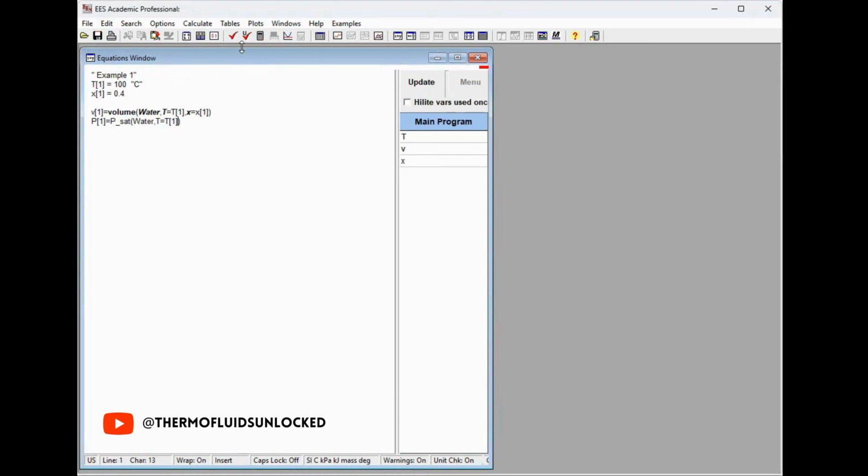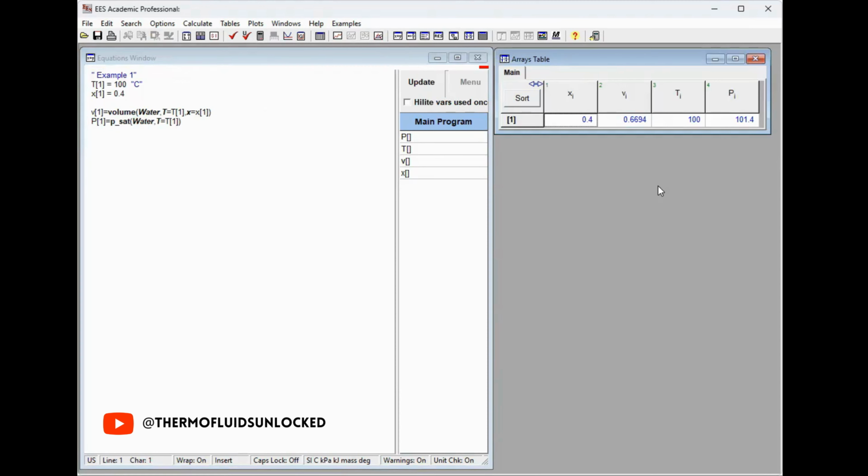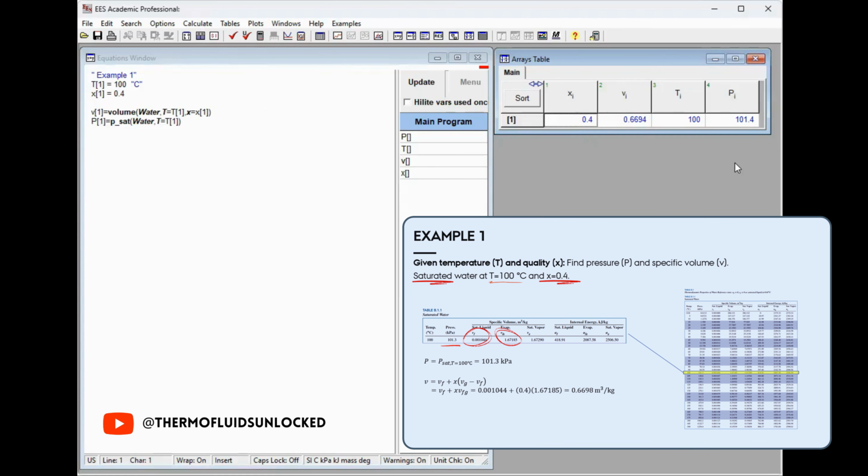Now, if we press solve button, it will solve this equation for us and list the inputs and outputs. And as you can see, X, which was the quality of 0.4, is provided, and T was provided, and it calculated the specific volume for us, and also the saturation pressure for this state.